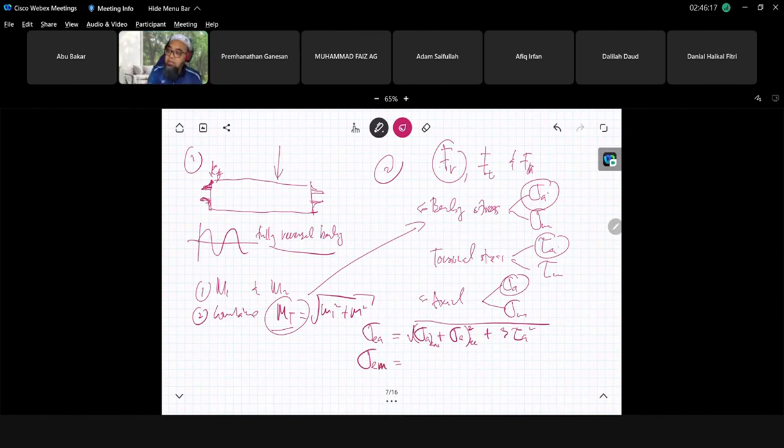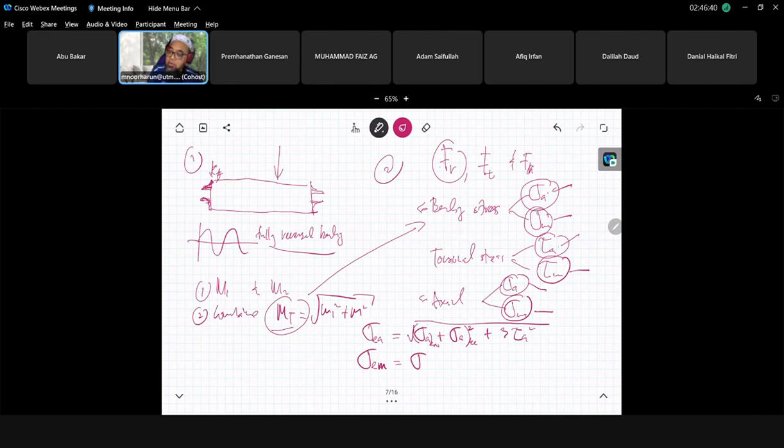For the sigma means, kita gunakan maximum principal stresses. Kita combine this mean and this mean and then this mean, kita combinekan tiga.